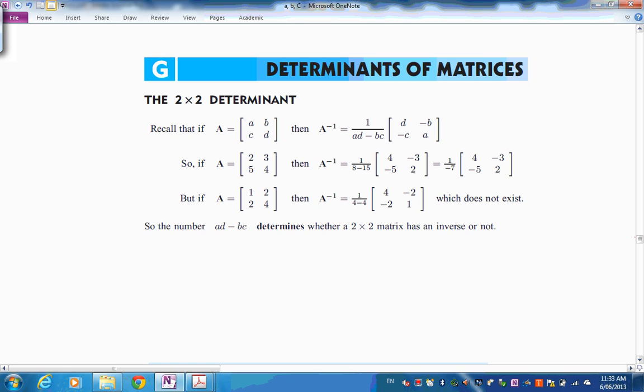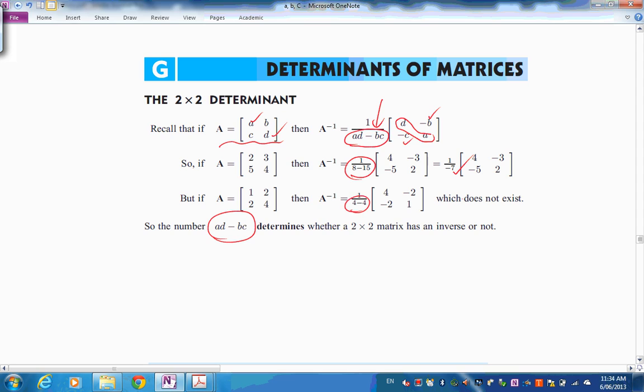Now what's a determinant? Well, we've already seen it, but we didn't use that name. It's this thing here. When you look at finding the inverse of a matrix, you interchange the two here, A and D, change the sign of B, but it ends up too big, doesn't it? So we have to divide by AD, take BC. We call that value AD, take BC the determinant, because it determines whether you can have an inverse. Because it's okay if it comes to a number.